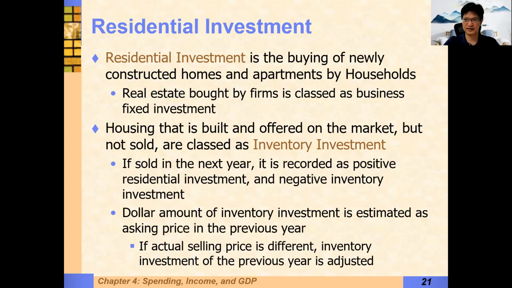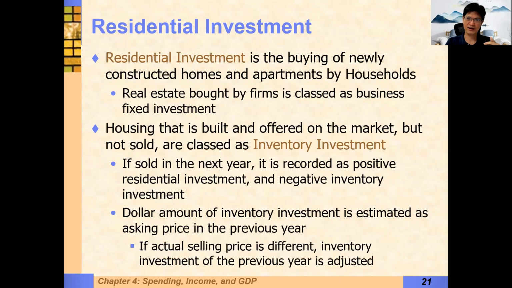When the house was built, that made the GDP go up in 1990. And in 2010, when I buy, the GDP is not changed by my buying of that 20-year-old house. Instead, the things associated with the selling of the house, lawyers' fees, agents' fees, those are part of GDP. But the house itself is already built, so that's considered secondhand goods.